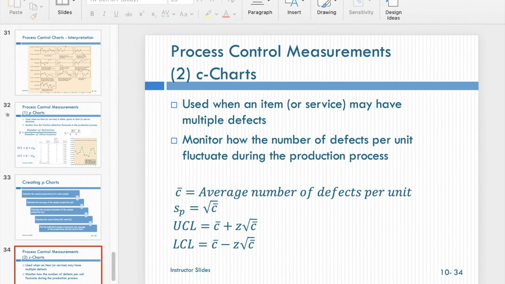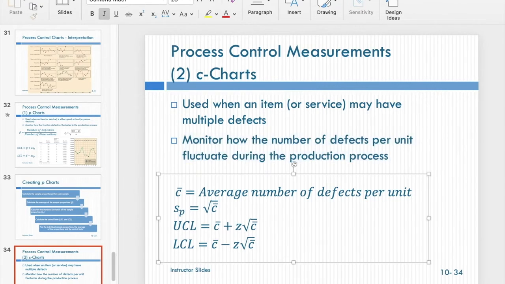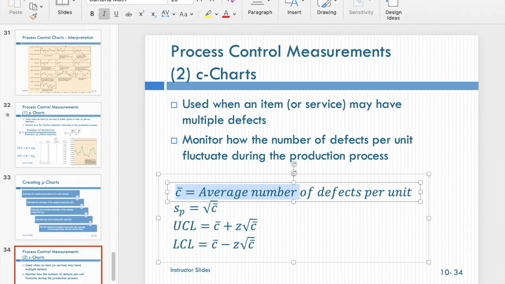Since you are monitoring this type of problem, you also need to build up the C chart based on some numbers. C bar is very simple: C bar is the average number of defects per unit.